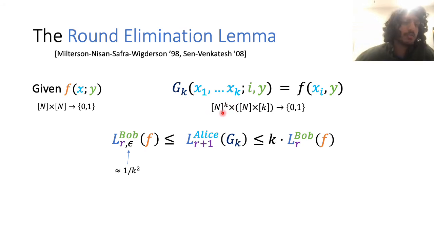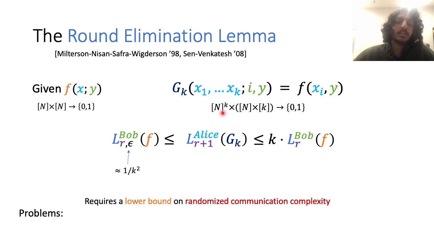And so this introduces two problems for our purpose. One, it requires a lower bound on randomized communication complexity. Ideally what we want is to reduce R round deterministic communication complexity to R+1 round deterministic communication complexity. And so if we're going to use this classical round elimination lemma, we have this problem where we're only able to lift randomized communication complexity.